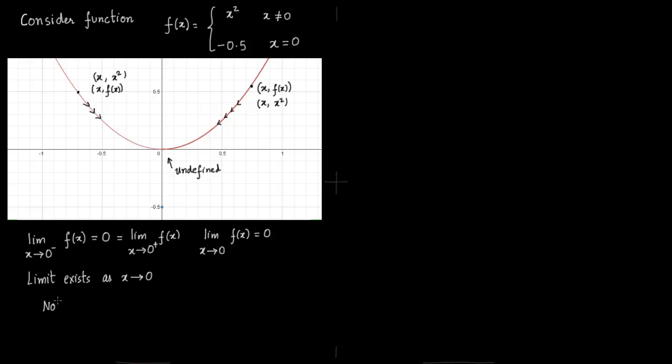Now notice that the value of f(0), that is when x is equal to 0, is minus 0.5. Thus f(0) is not equal to the limit when x tends to 0. So you cannot just plug in the value 0 and say that f(0) is the limit.